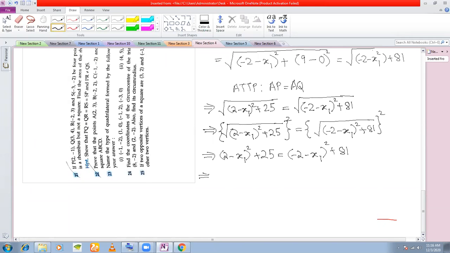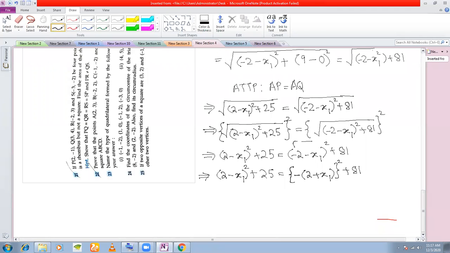Now you expand by a minus b whole square formula or a plus b whole square formula, whatever. You expand on the left hand side and the right hand side. But before expansion, what I would like to show you here is a very important step. 2 minus x1 whole square, you write it as it is, plus 25. Now see here, I have a minus 2 minus x1 here. In this case, what we can do here is, I can take minus out, and I can write this as 2 plus x1 whole square plus 81. This is a very important step.